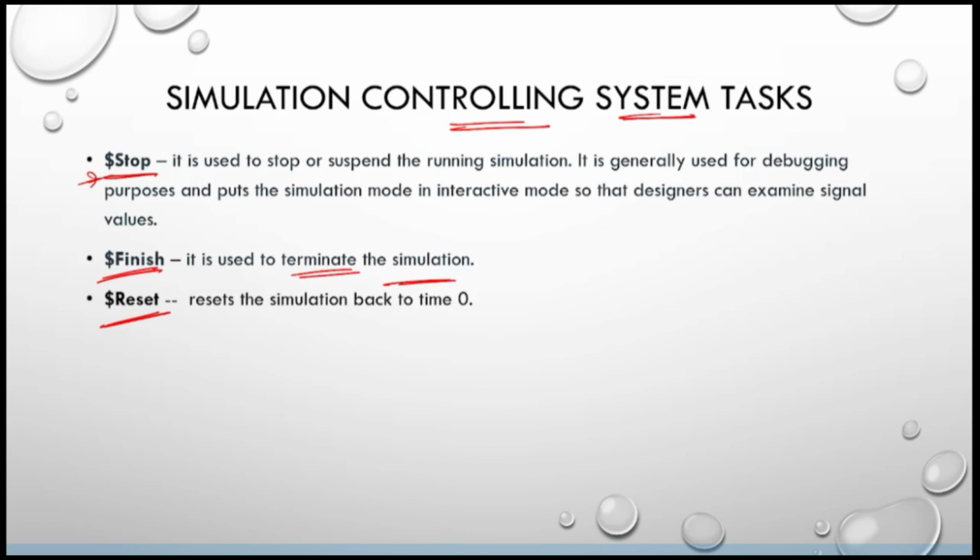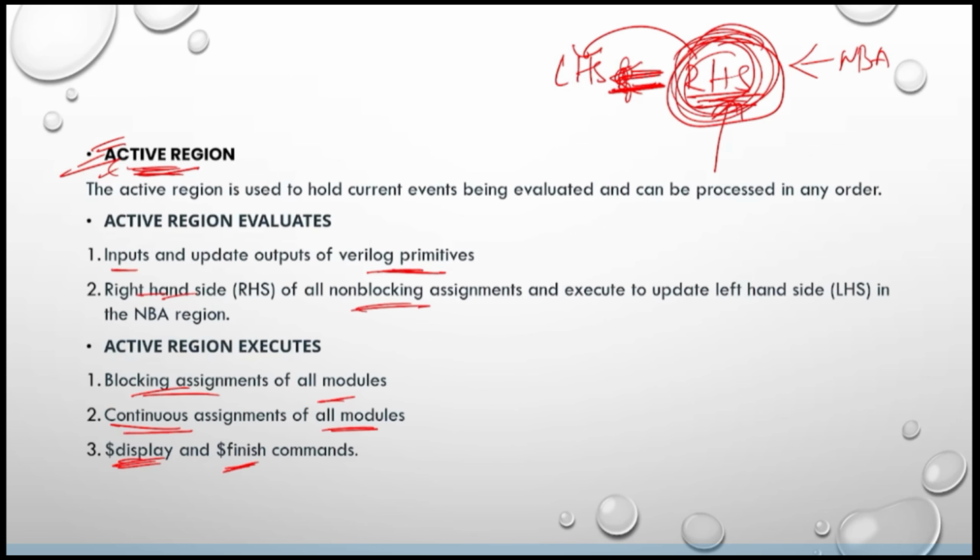That means even though there is code, if you are using $stop, it won't run the remaining simulation. And $finish means after completing all the execution, it will terminate the simulation by itself. $reset is used to reset the simulation back to zero time. So these are the particular topics in Verilog.